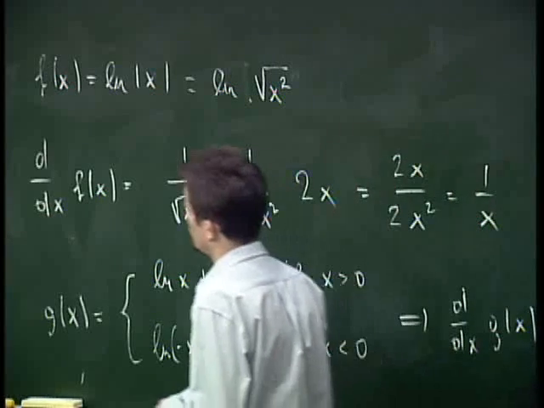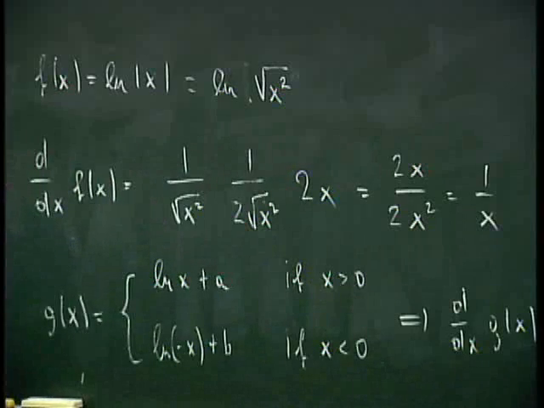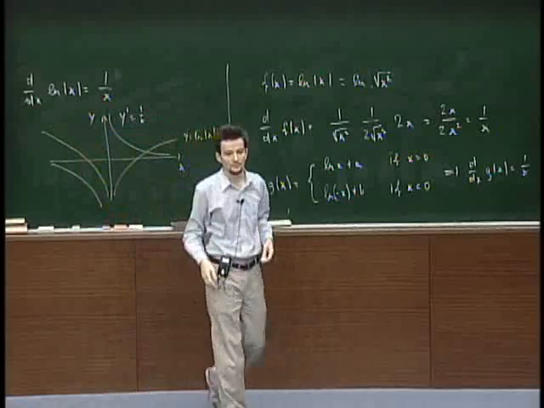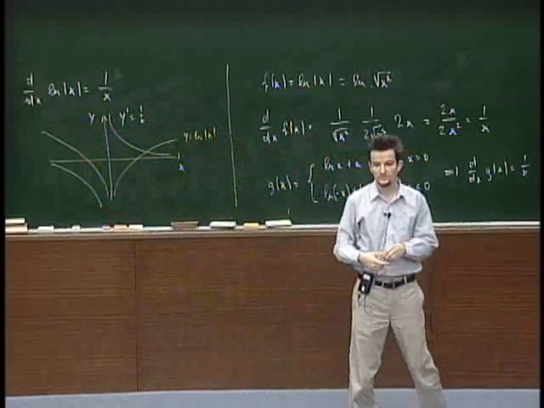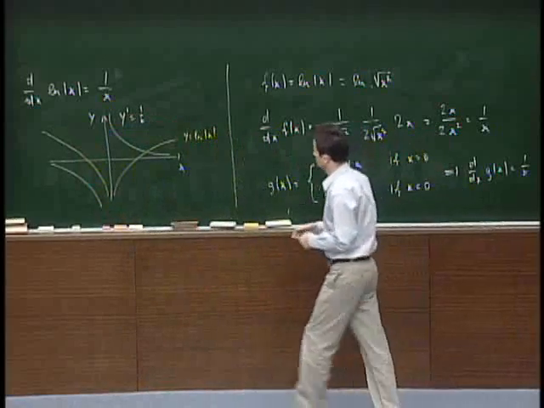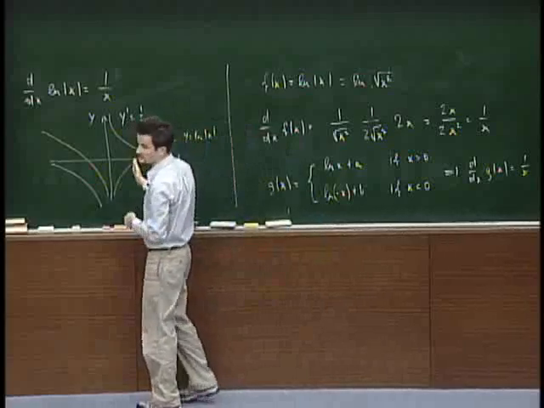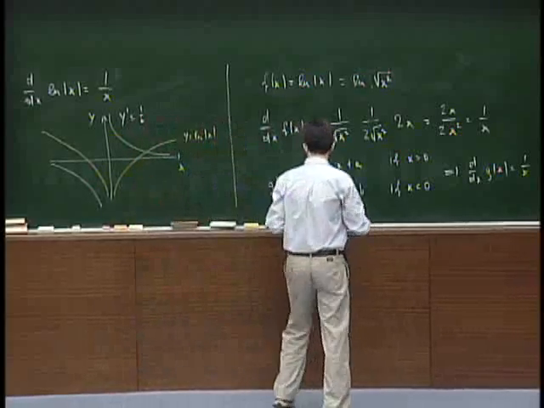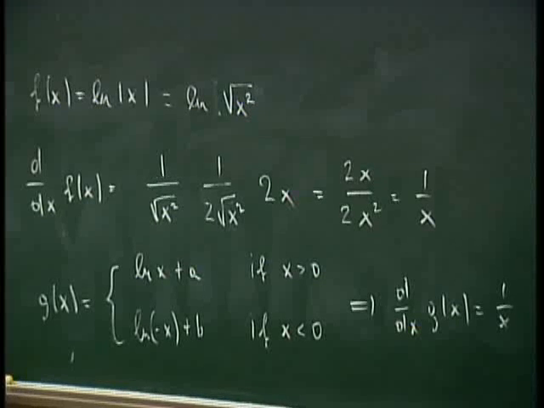The only thing you do is shift this part of the function and shift that part of the function, maybe differently, but this will not influence the slope of the tangent. If you shift it up, the slope of the tangent in every point will remain the same. So we keep this in mind. This is an important result.